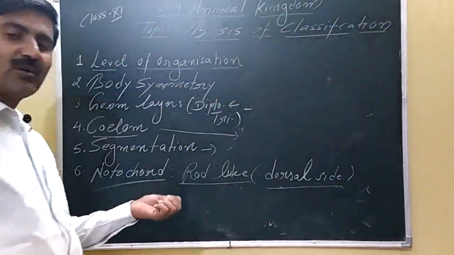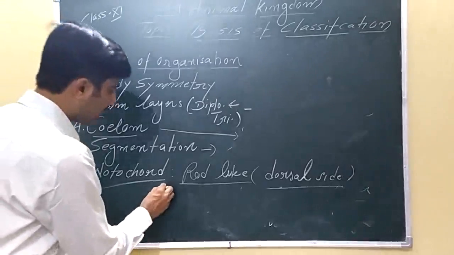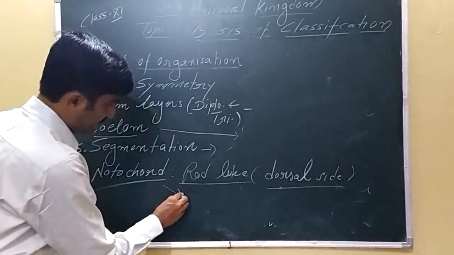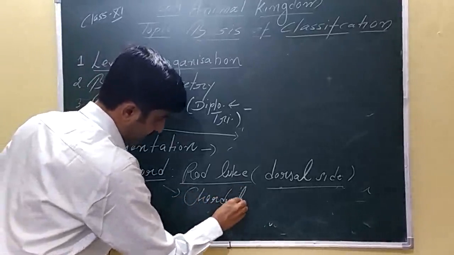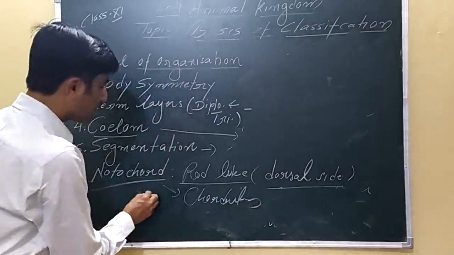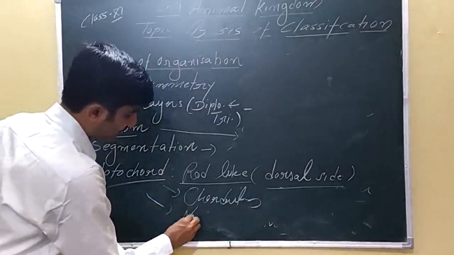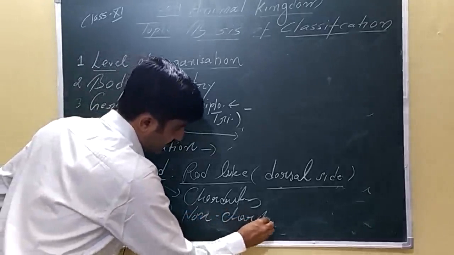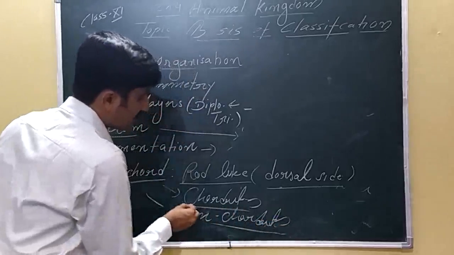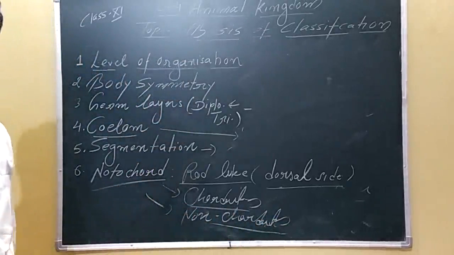So if the notochord is present, then these are called chordates. And if the notochord is absent, then these are called non-chordates. That is a very simple word. So we classify animals on the basis of presence or absence of the notochord.